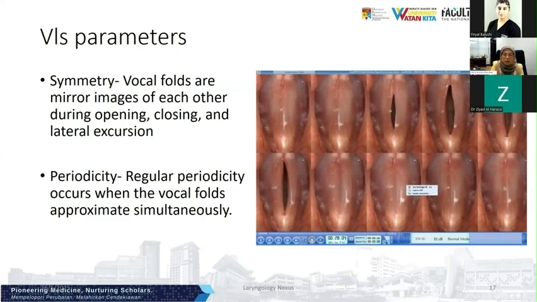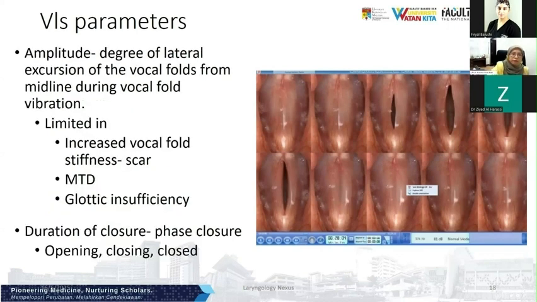It is like a mirror image. It opens at the same time with the same amplitude, with the same size. Periodicity means that they approximate at the same time. It has a good tempo, like tap, tap, tap, tap. So it is periodic. But if the mucosal wave is jittery, it is a non-periodic mucosal wave.